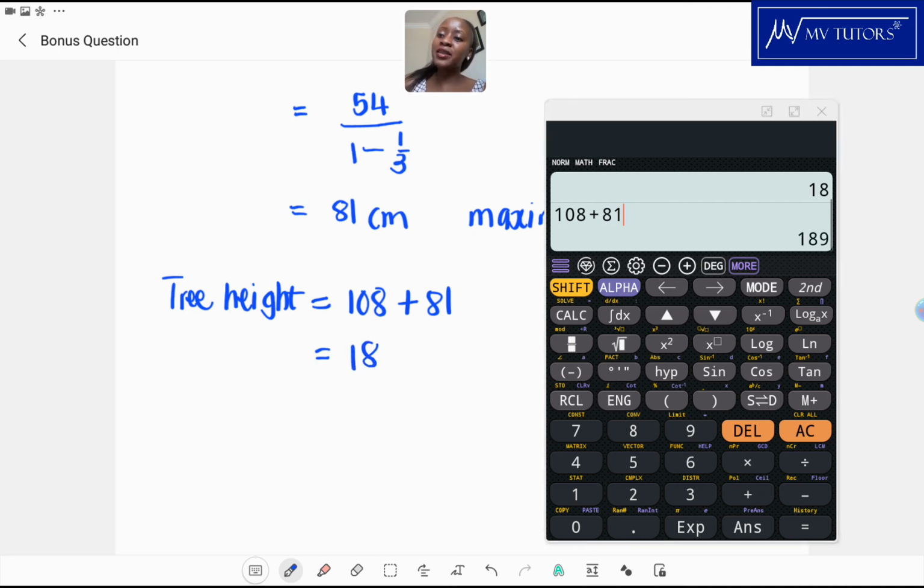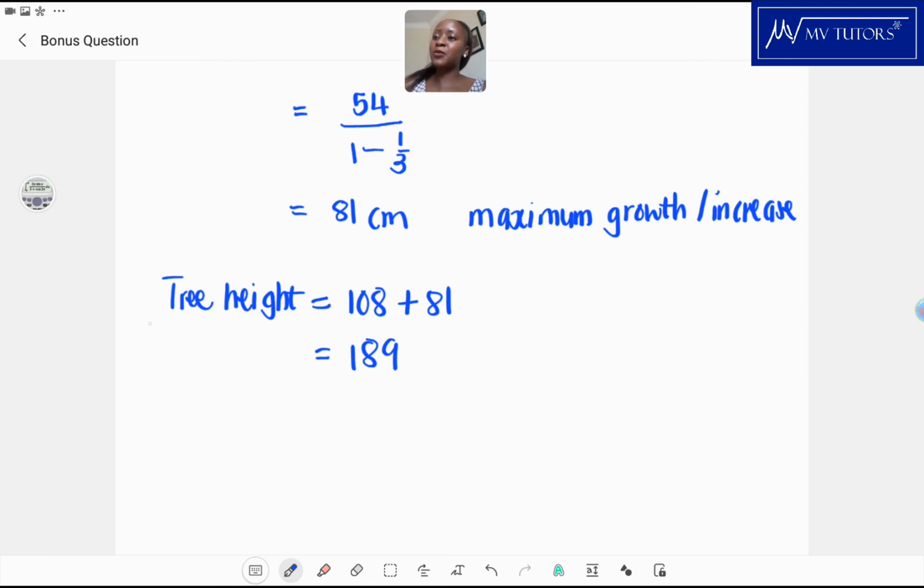So we see that the maximum tree height is actually 189 centimeters, or 1.89 meters, which is definitely smaller than 2 meters. It cannot grow further than 1.89 meters.